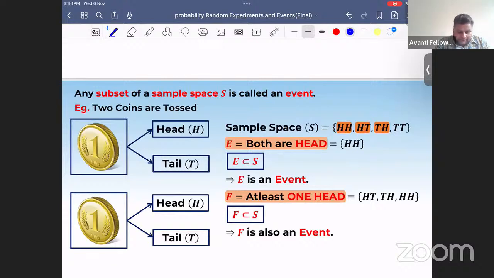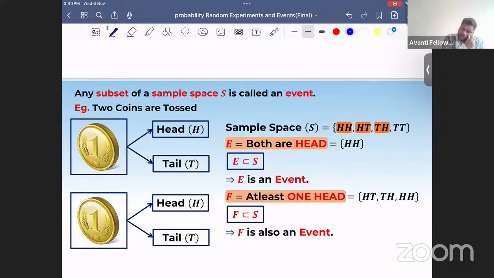Now, any subset of a sample space S is called an event. For example, two coins are tossed. So you may get a head, you may get a tail.